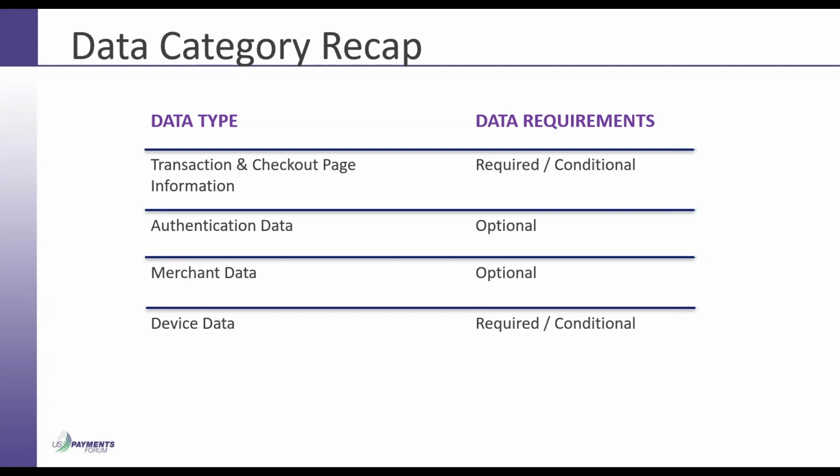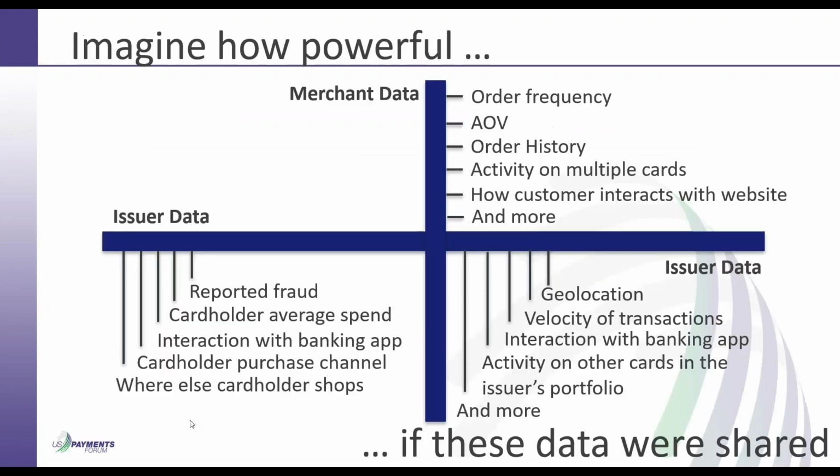And then lastly is device data, for which there are requirements for minimum device data to be passed. And then there's conditional elements, like I mentioned, for iOS and Android. Some of those specific platform elements may be conditionally required to pass. Next slide.